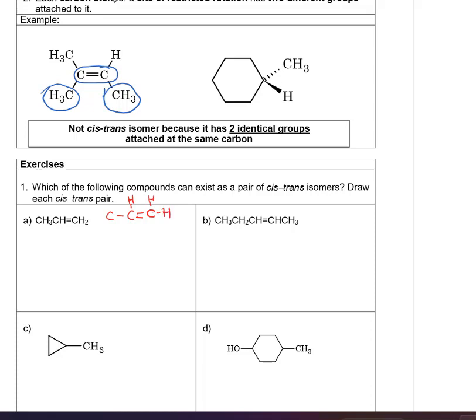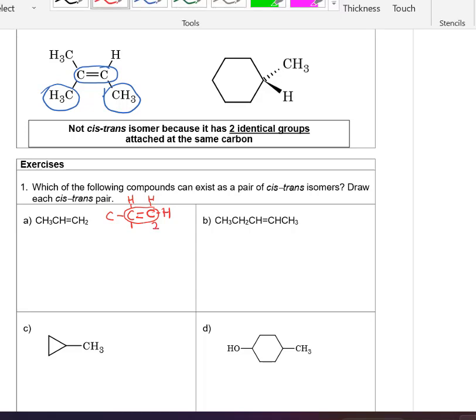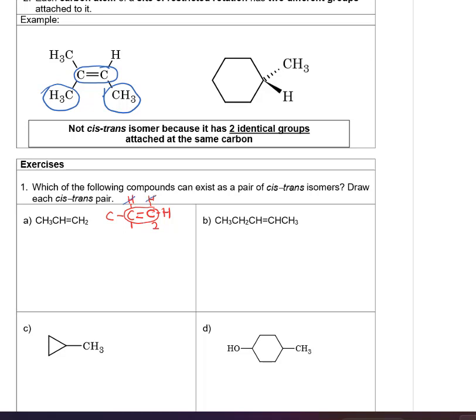Between the carbon-carbon double bond, we need to have similar atoms. For carbon number 1 and carbon number 2, we do have a similar atom, which is hydrogen. However, in carbon number 2, the groups are the same. Both are hydrogen. So this molecule cannot exhibit cis-trans isomer. No cis-trans.